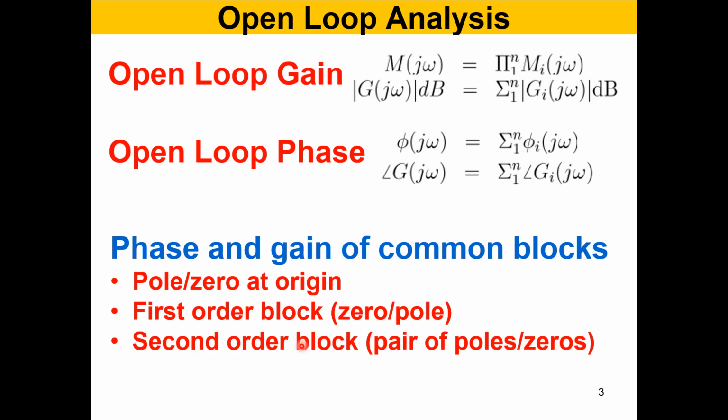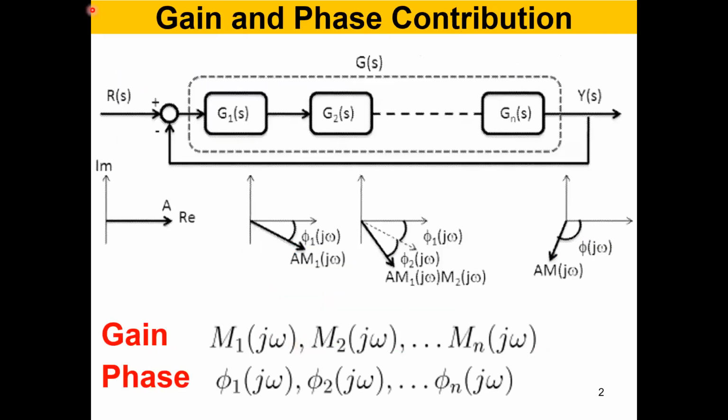Okay, now these are the elementary blocks out of which you can build any block, like over here, G1, G2, up to Gn. These blocks can be made of the three fundamental or elementary blocks: pole or zero at the origin, first order block, pole or zero, and also second order block, pair of poles or pair of zeros. There's nothing more than that. Only three different elementary blocks out of which you can build any transfer function, any block.